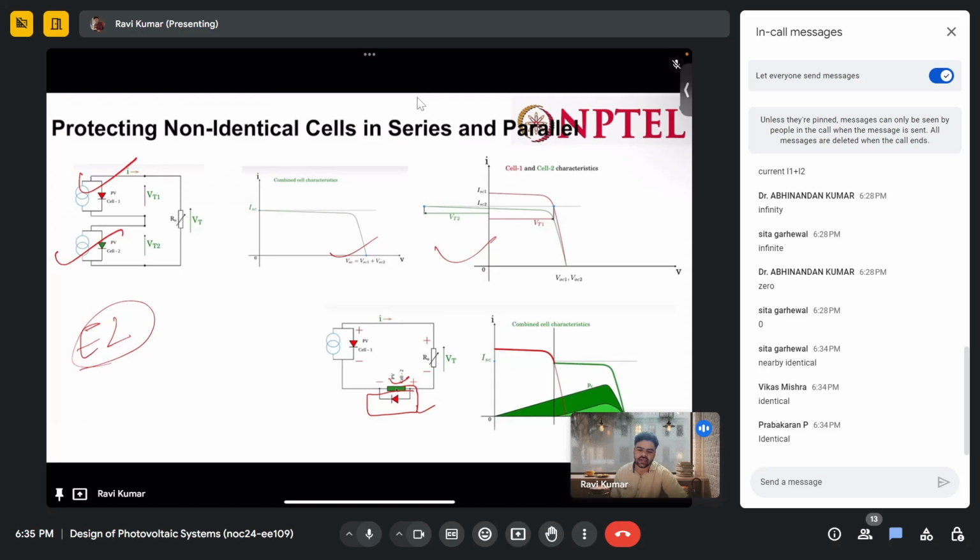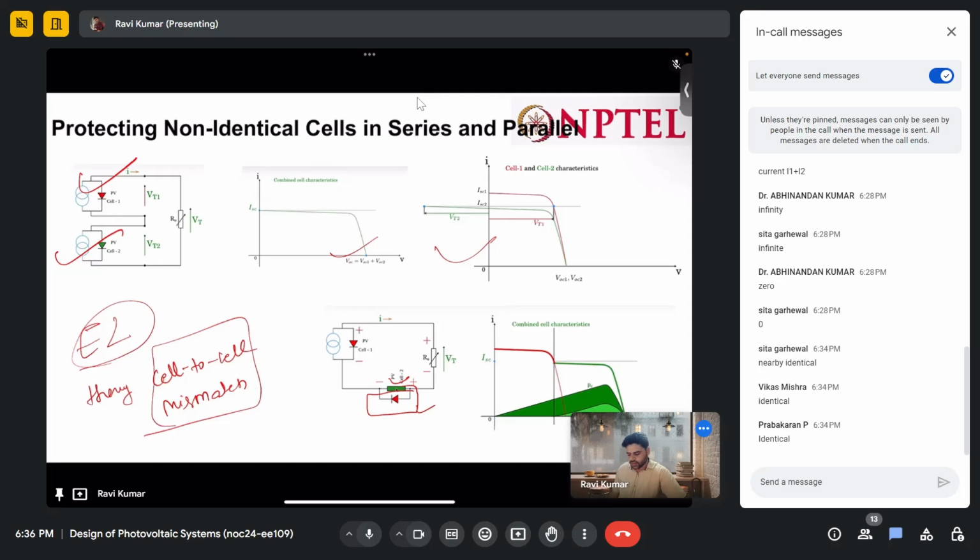Using this EL, that is electroluminescence imaging, we can identify whether the solar cells are generating the same output, or if they are identical or not identical. And in physics terms, we say there is cell to cell mismatch. So this cell to cell mismatch is already there. It is always there.